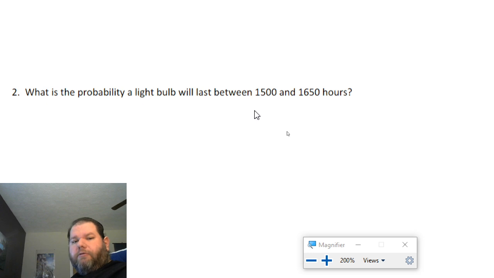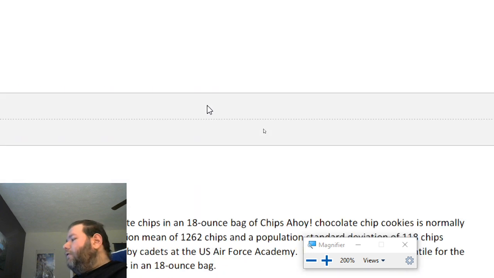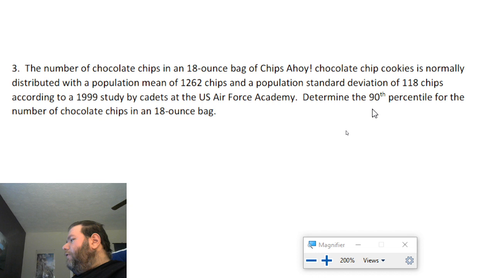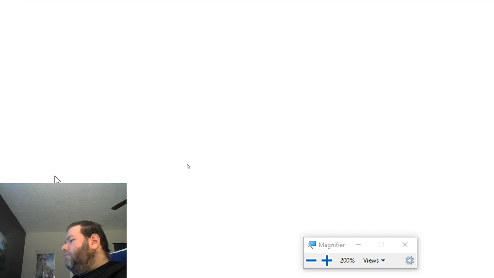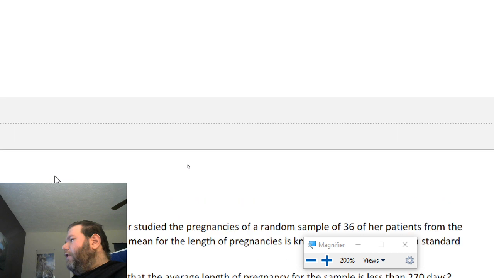Remember, we always need two different z-scores. Third problem, determine the 90th percentile, so that's an inverse normal calculation. I don't know why I left all that space for this.